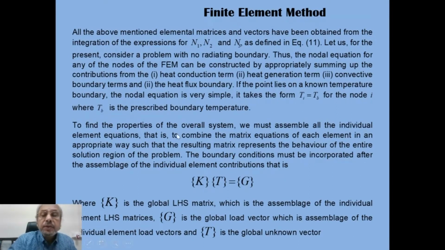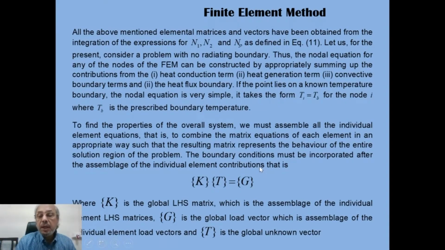To find the properties of the overall system, we must assemble all the individual element equations, that is, combine the matrix equations for each element in an appropriate way. Please note this very carefully, such that the resulting matrix represents the behavior of the entire solution region of the problem. The boundary conditions must be incorporated after the assemblage of the individual element contributions.